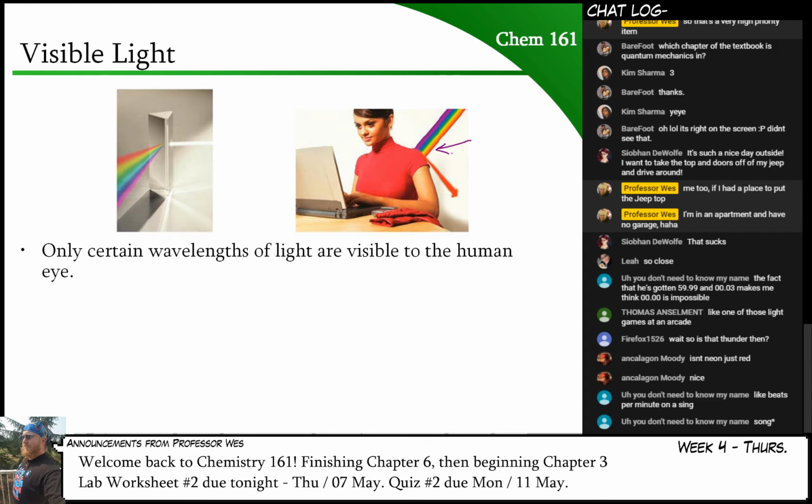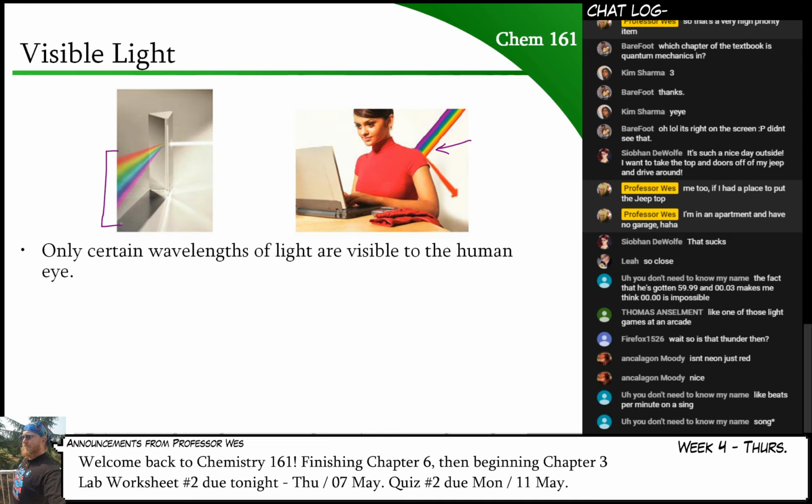The first thing we want to talk about is that we can only see certain colors of light. Those colors are shown right here with this prism. White light, when shot through a prism, will expand into all of its different colors, and actually more than that. Other stuff that's in white light, we won't be able to see. We can only see the two extremes. We can see up to red and all the way down to purple.